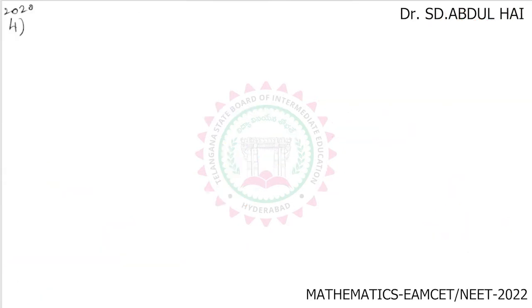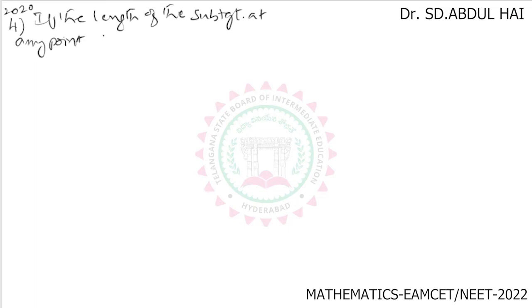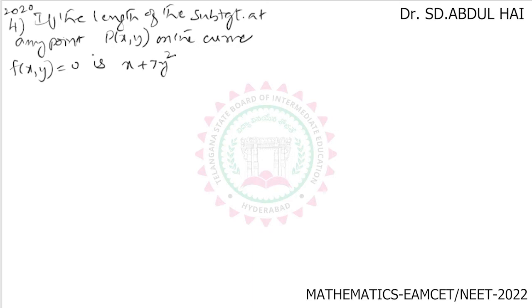Is it clear? If the length of the subtangent at any point P(x, y) on the curve f of x comma y is equal to 0 is x plus 7y square, then f of x comma y is equal to: the first option is xy plus cy minus 7x is equal to 0.